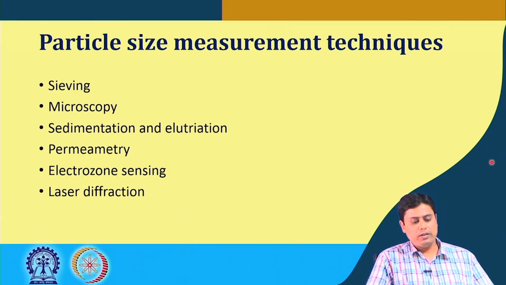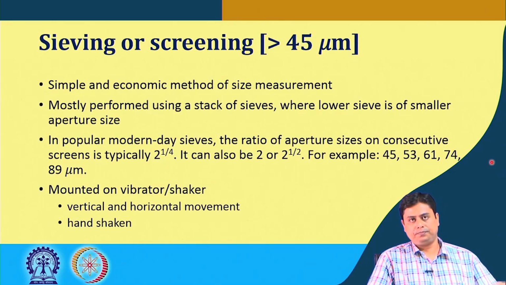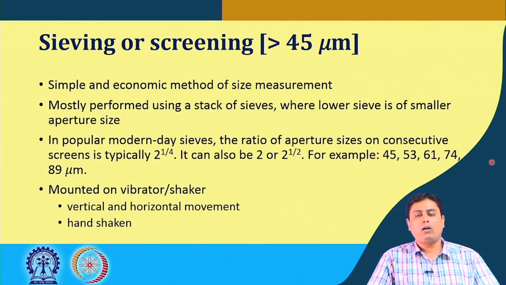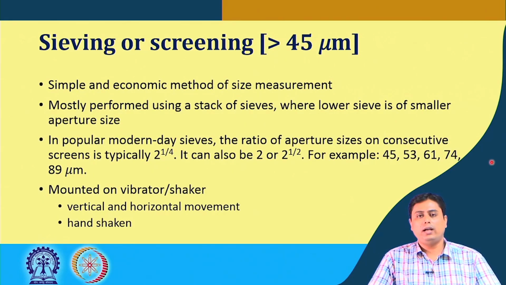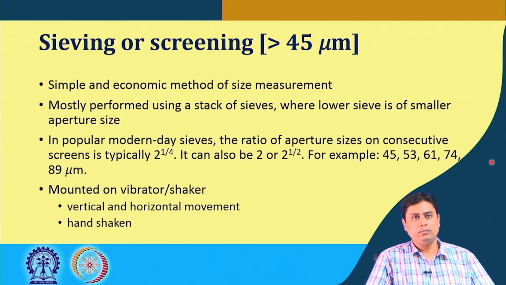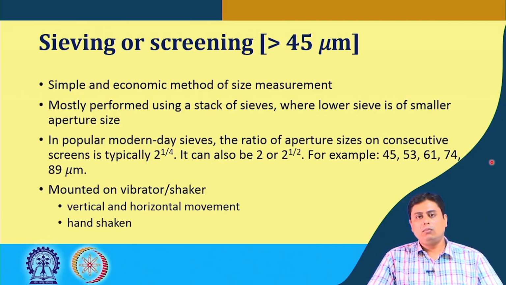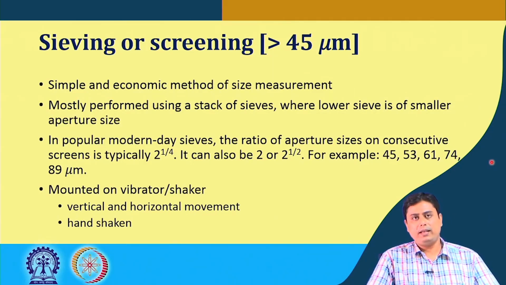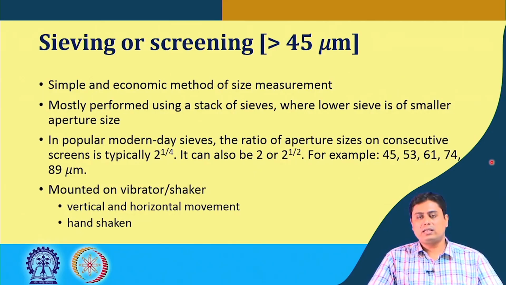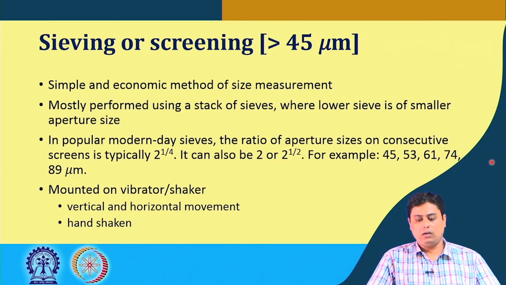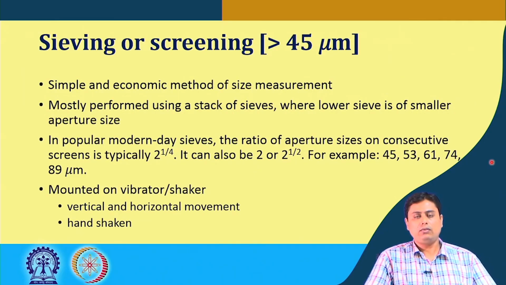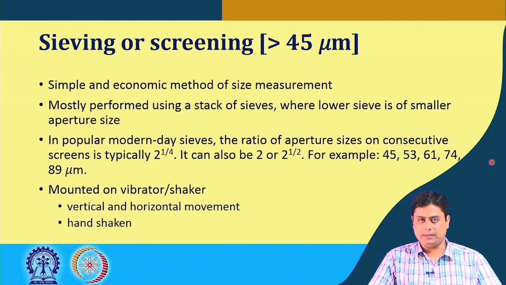First of all we will start with the sieving methodology. Sieving, also popularly called a screening mechanism, is one of the simplest and most economic methods for size measurement. It is mostly performed using a stack of sieves, where the lower sieve has a smaller aperture size.